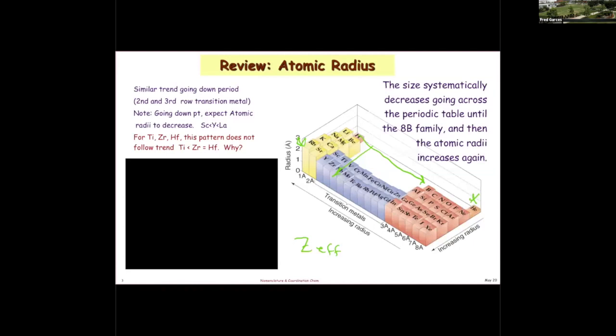Because the outer valence electrons are responsible for the size of the atom, the greater the Z effective, the more attraction it has for the valence electrons, thereby collapsing the electron cloud and making those atoms smaller. And that's why you see that trend going across the periodic table.